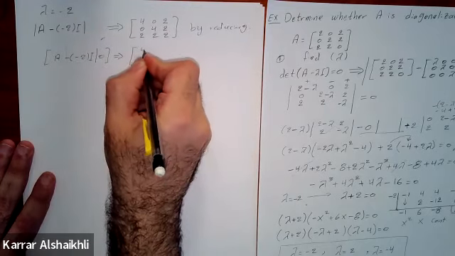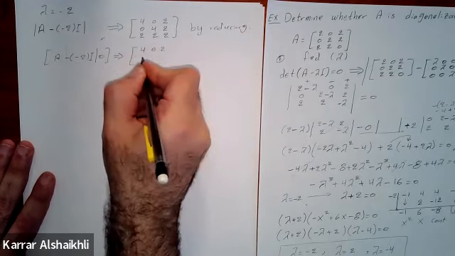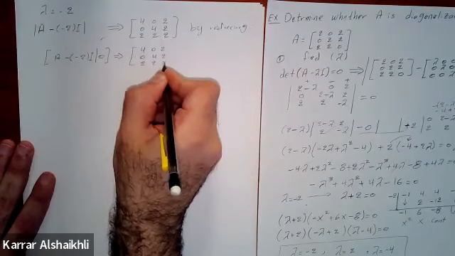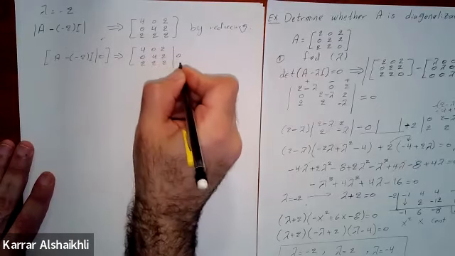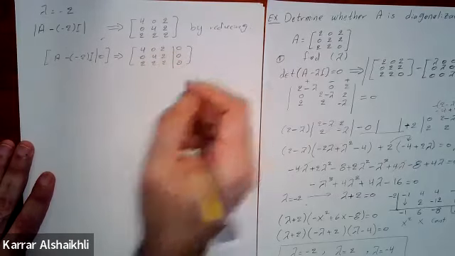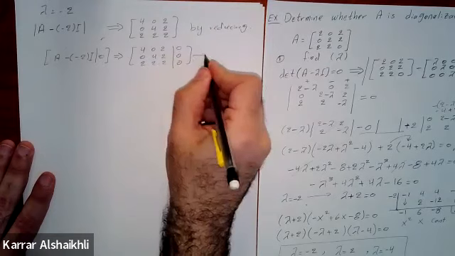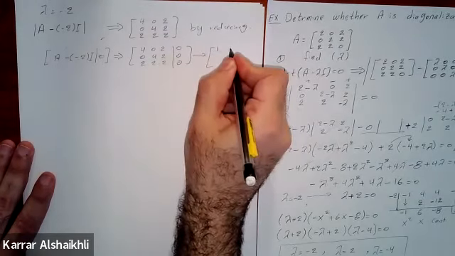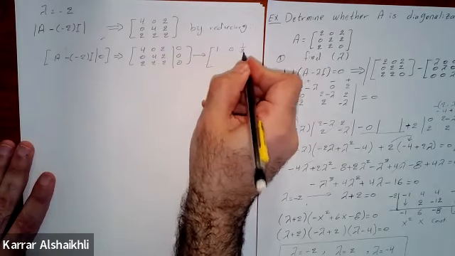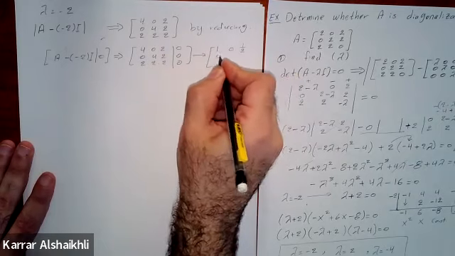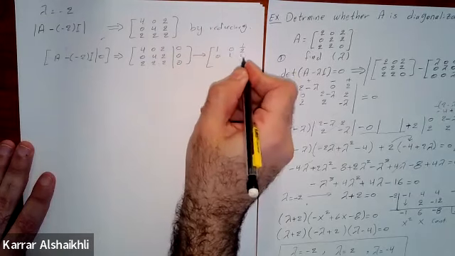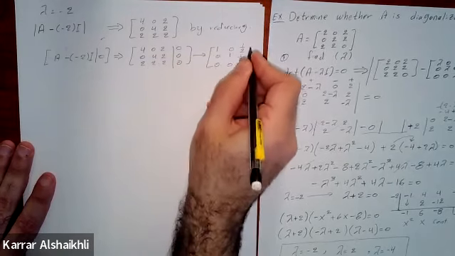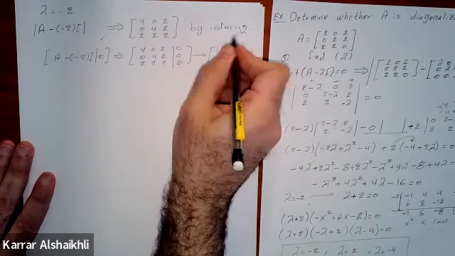Going to reduce here 4, 0, 2, 0, 4, 2, 2, 2, 2, and here is the reducing. It's going to be, by using the row echelon form, 1, 0, 1 over 2, 0, 1. I'm just going to give you the results. 0, 0, 0.